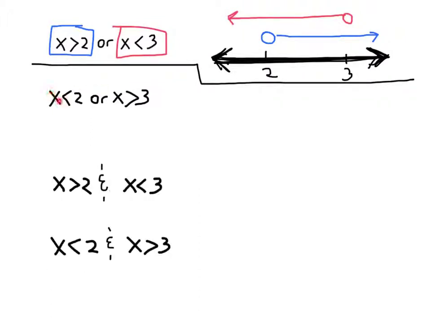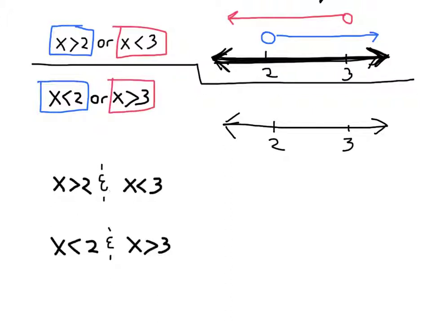So let's focus on this one here. Okay, so once again, we'll just simply draw a number line for now. We have the same critical values, 2 and 3. But now, x is everything less than 2, and x is everything greater than 3.